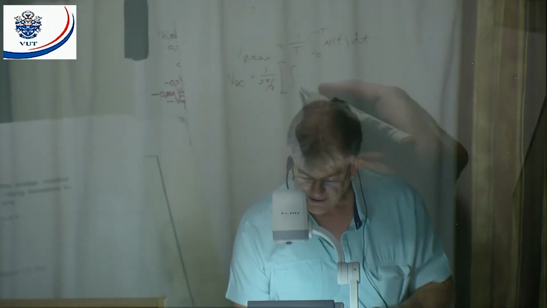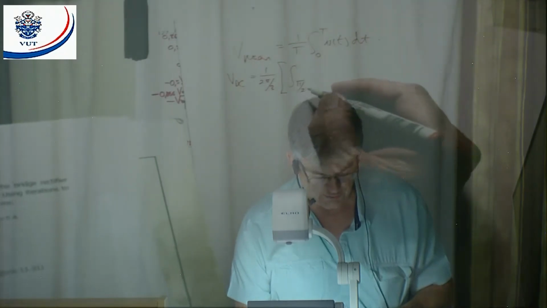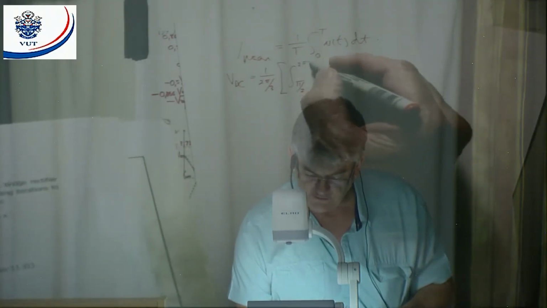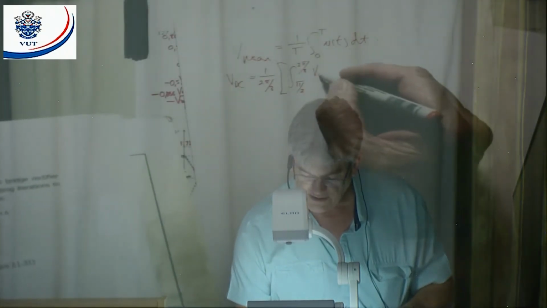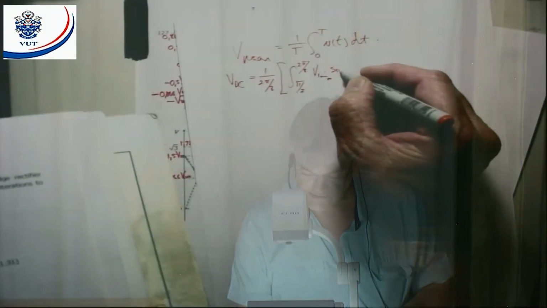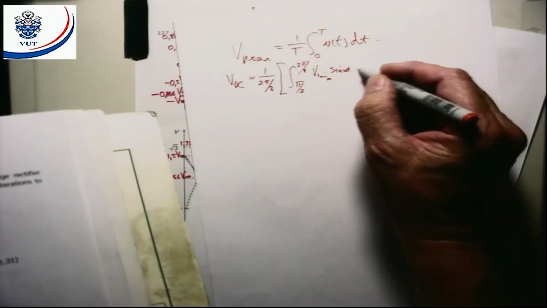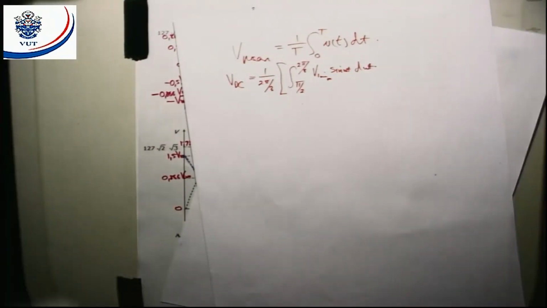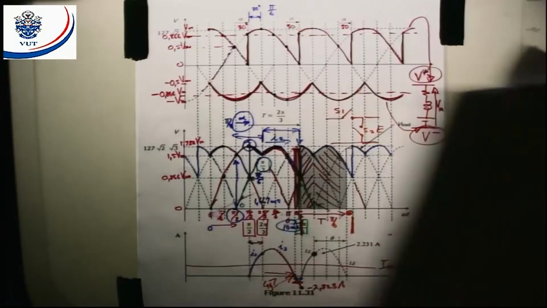Right, then I've got a section that I said is from pi over 2 to 2 pi over 3 of V line max sin omega t d omega t. Now those limits, where do we find them on this graph?